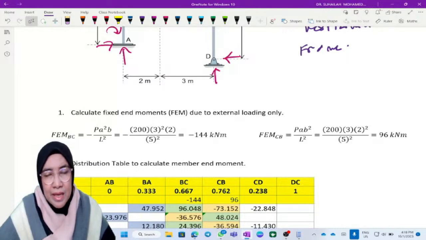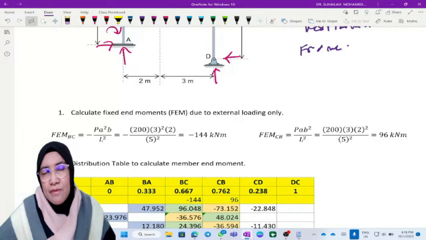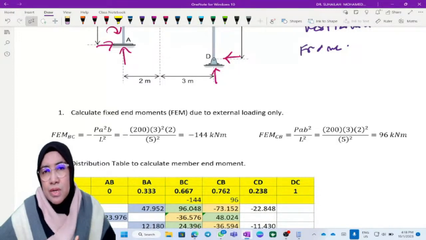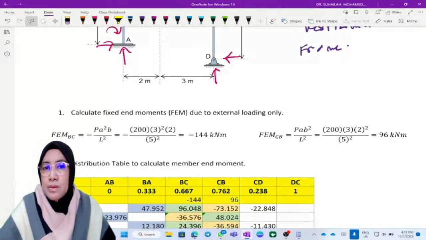After we calculate FEM due to external loading, we continue with the distribution table and get the end moment due to external loading. Then we have to calculate the R value, the restraining force. So the R value or restraining force is another step that you need to know when we analyze a frame with sidesway.